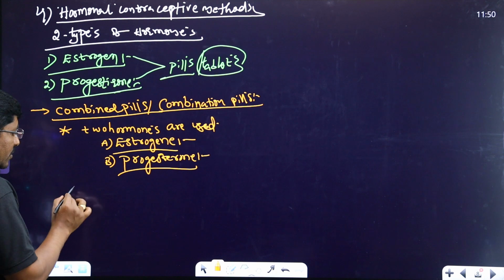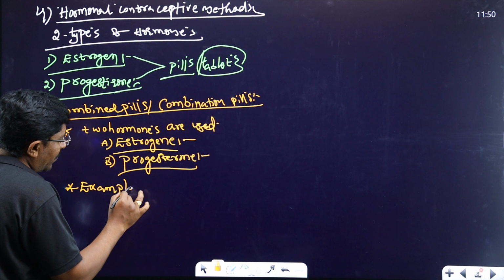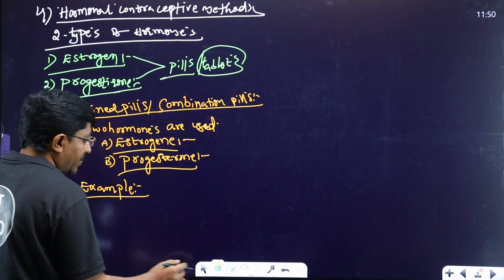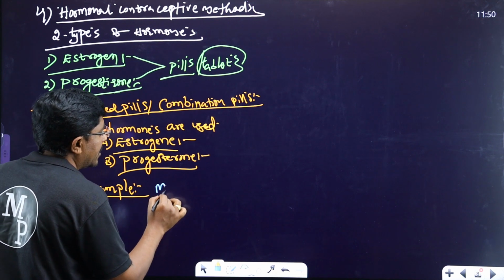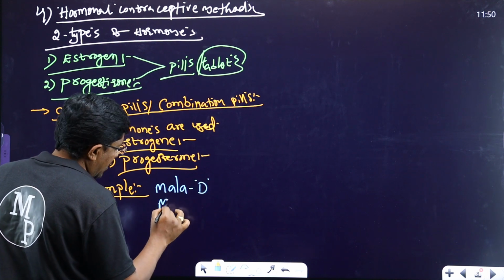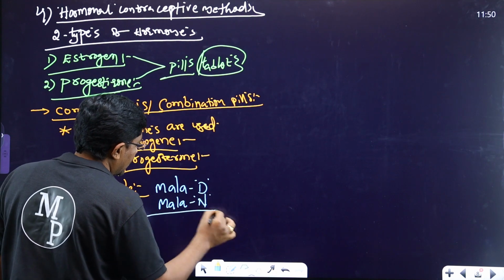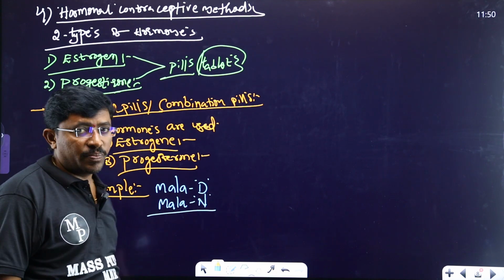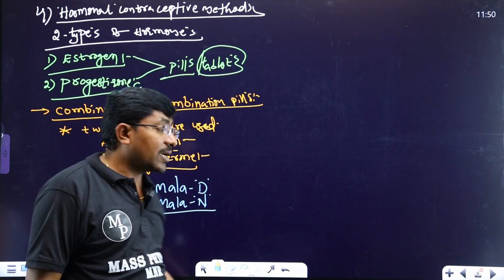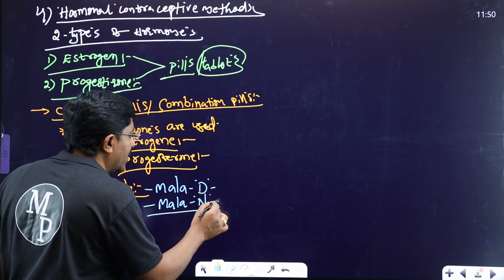Some examples are also there for the combination pills. One is Mala D and the second one is Mala N. These are the two examples for the combination pills.